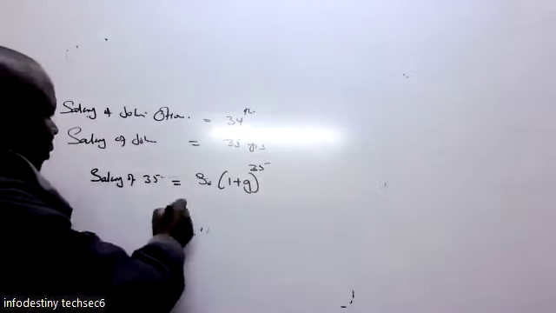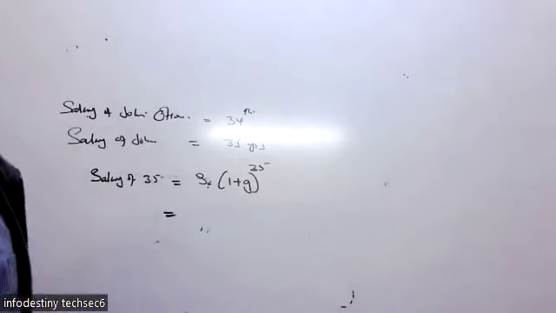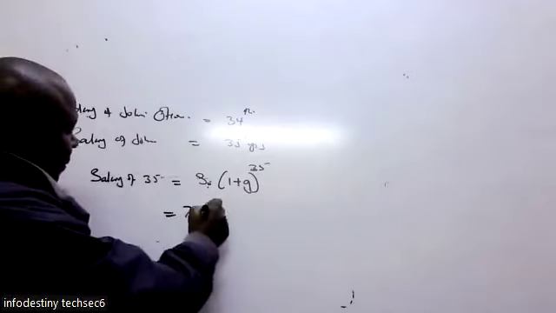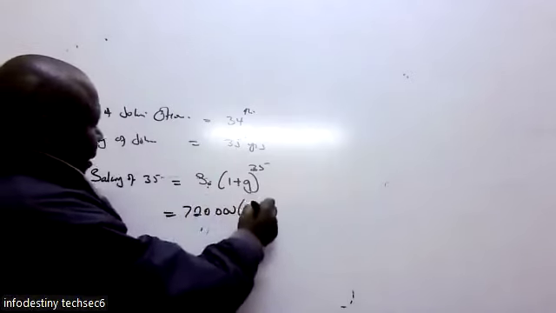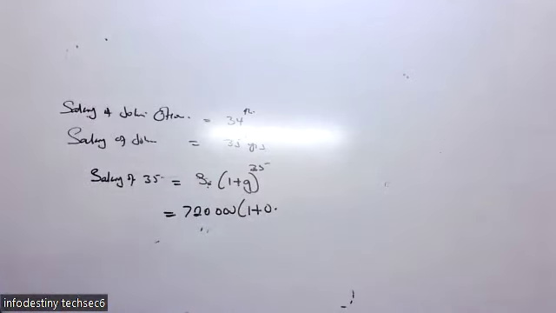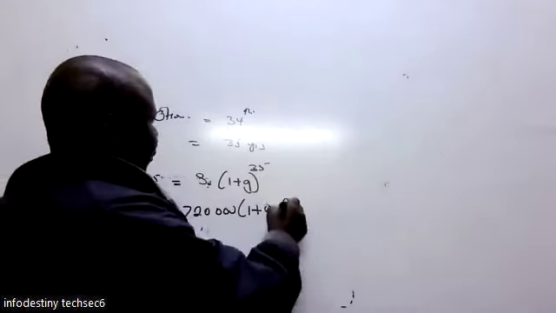And that's going to be equal to 720 into 1 plus 0.1, the growth is 0.1, you raise to 35.